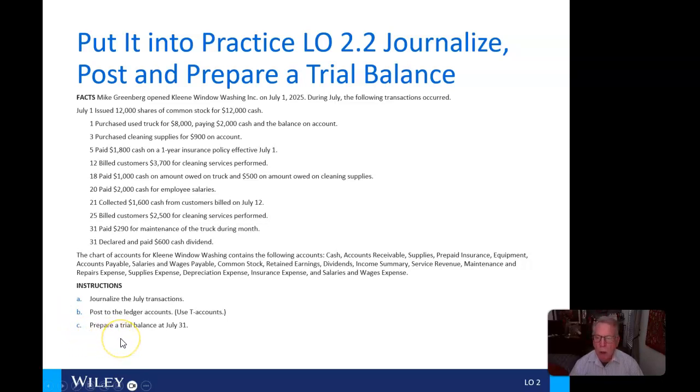I think you're pretty well on top of that. But they do give you the chart of accounts, so you know what accounts they're going to be using for this process. Now, you remember there's an income summary, for example. That's an account that we use in our closing entries. So we won't worry about that too much right now.